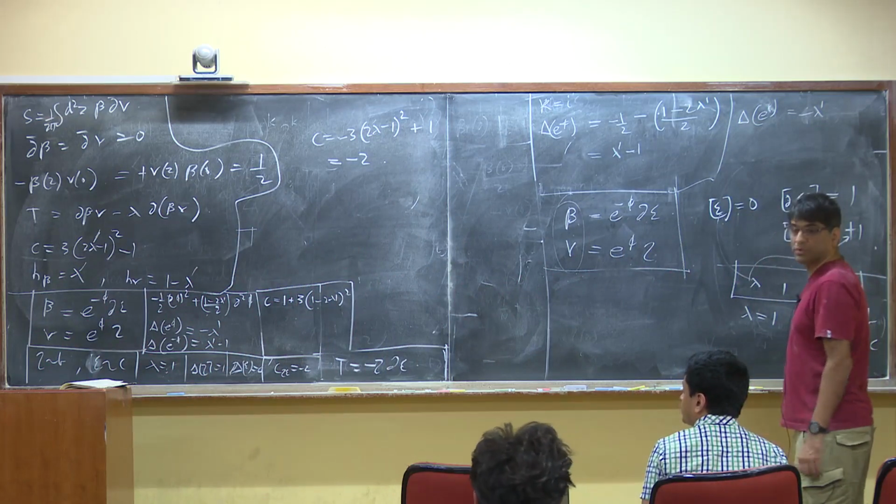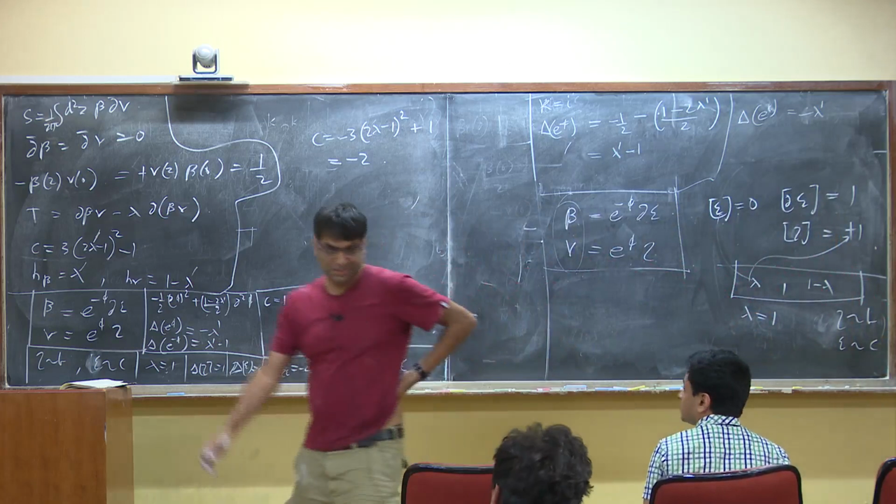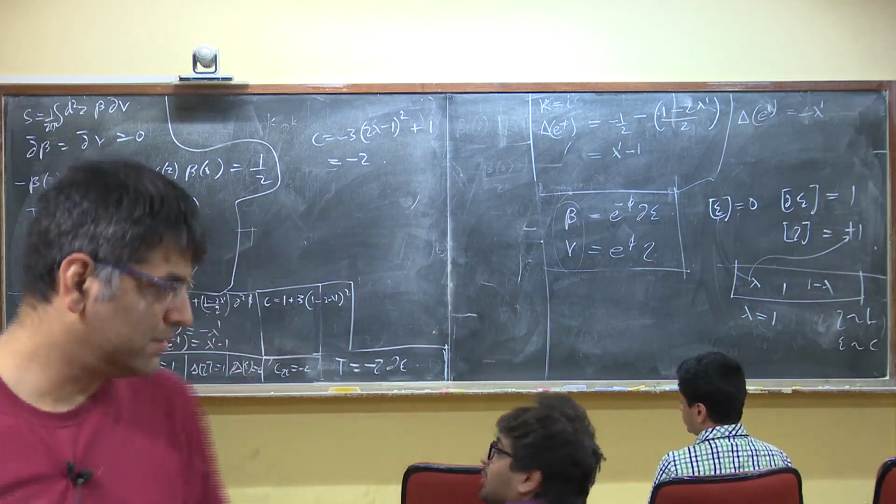No, it should work without a total derivative. The total derivative contributes to a central charge. Del square phi is a total derivative.